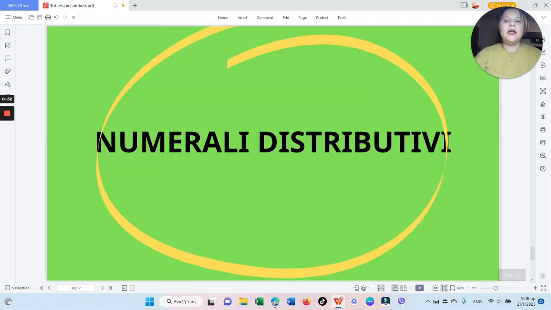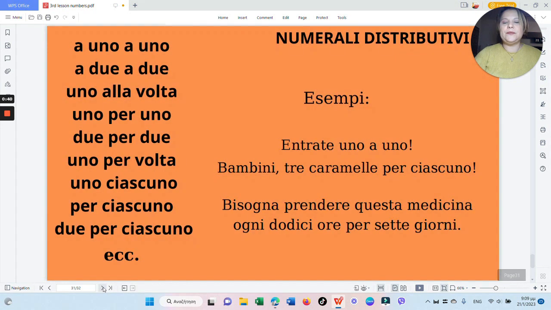Next, numerali distributivi. Distribuire means distribute. Now, 1 a 1 a 1. 1 at a time.